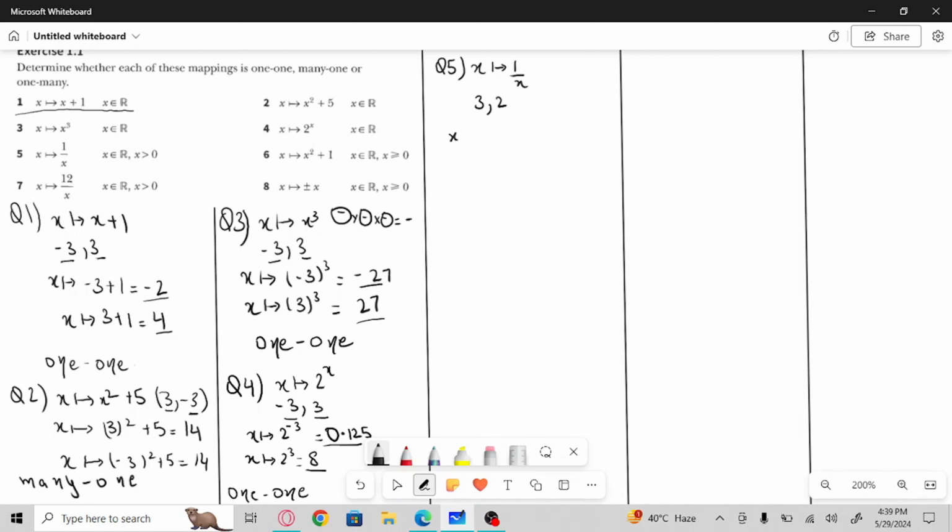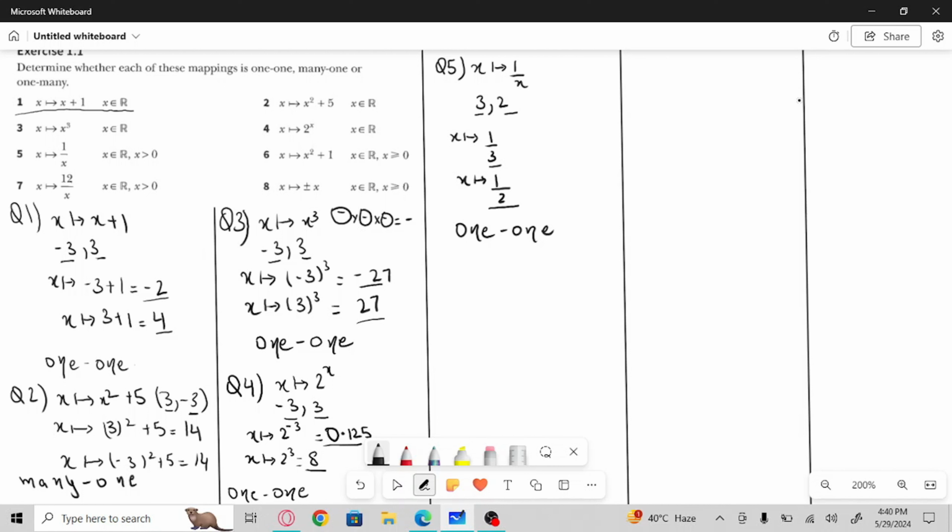Similarly, x is mapped to 1 upon 3, and x is mapped to 1 upon 2. So again, for one input there is one output, and for another input there is another different output. So again, this is a 1-1 mapping.